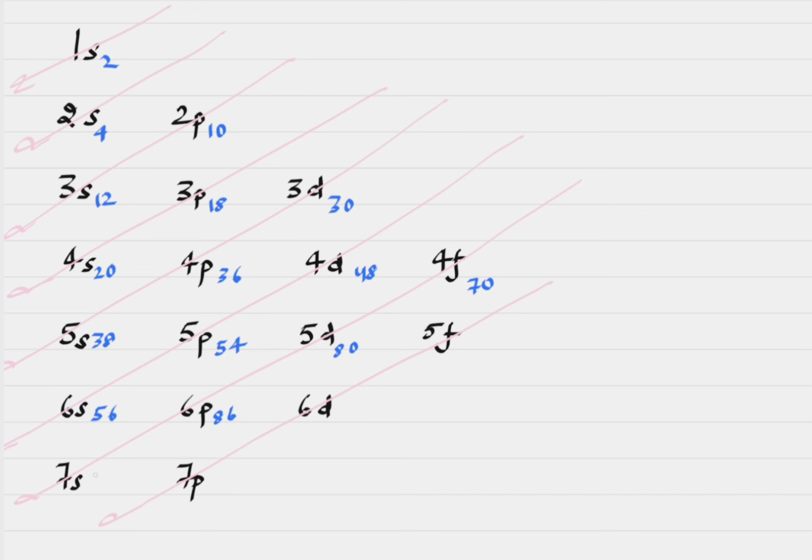Then 86, 88. Here we would have 102, because 88 plus 14 would be 102. Then 112 and 118. That's just how many elements we have in our periodic table, and that is why we do not need to go any further. After writing this, we will just highlight some special configurations, and those are these configurations.